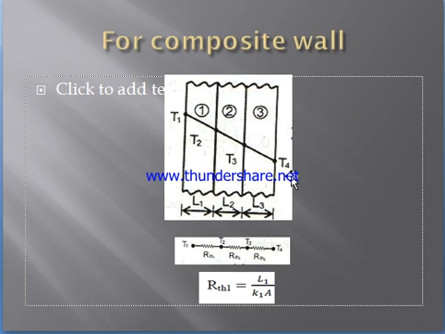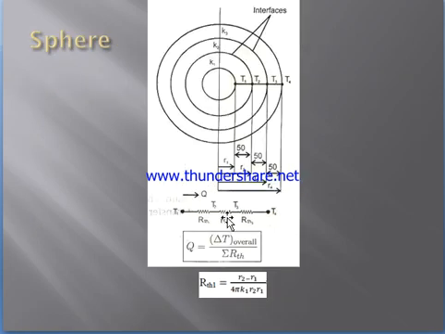All three materials will not have the same thermal conductivity, and the length may also be different. So we have to find the resistance R value separately for the first material, then for the second material, and then for the third material, and then we have to add all three.